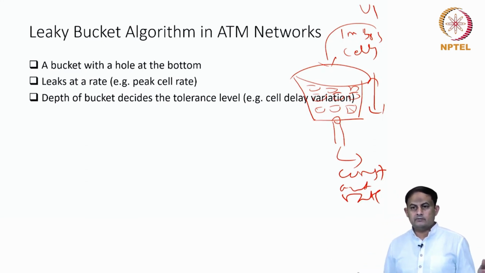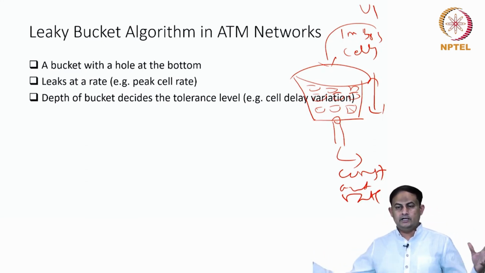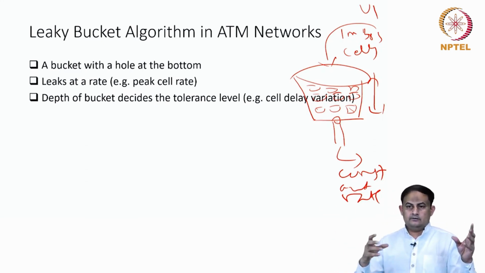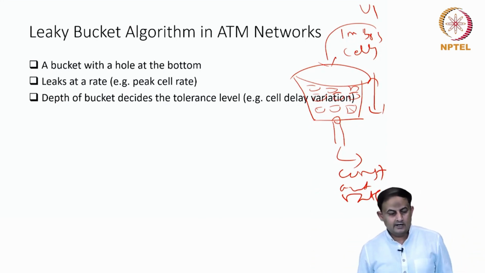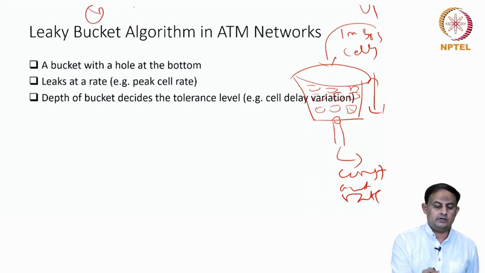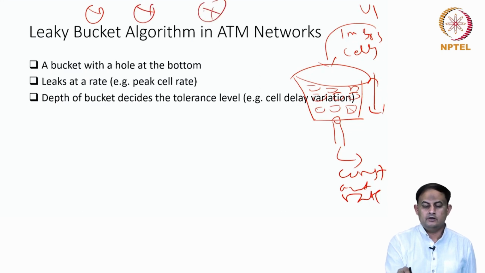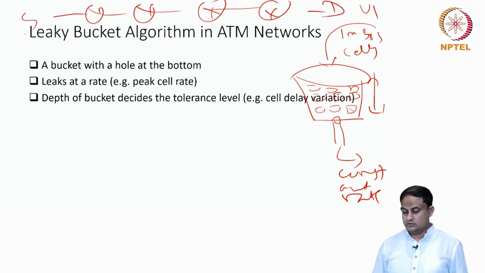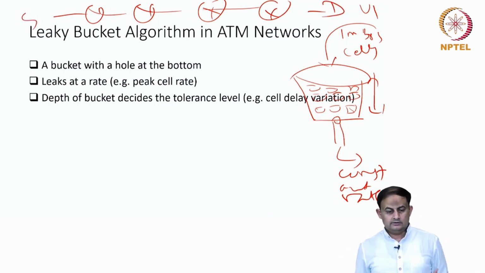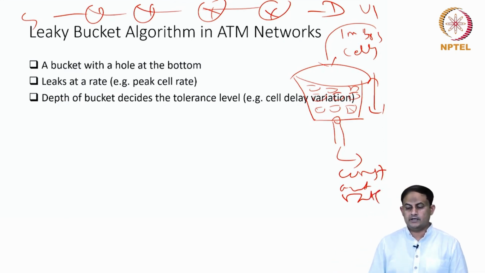This tolerance level has to do with the end-to-end delay. Let us say the source and destination are 10 hops away, and at every router in between you have such a buffer bucket. Here is your destination, here is your source, and the cells are put inside this bucket at every router.